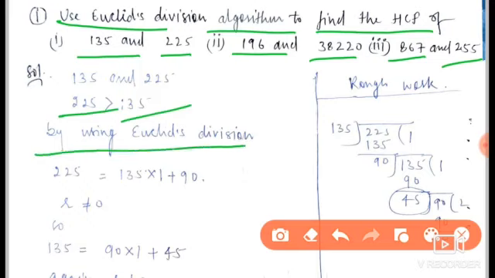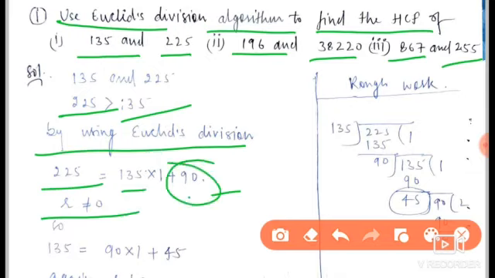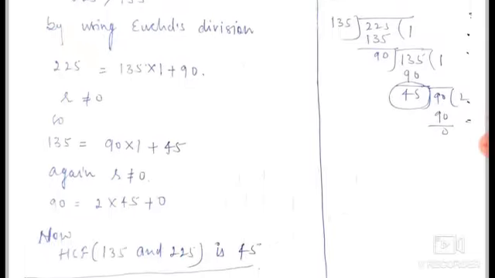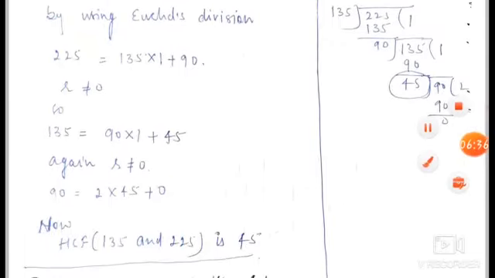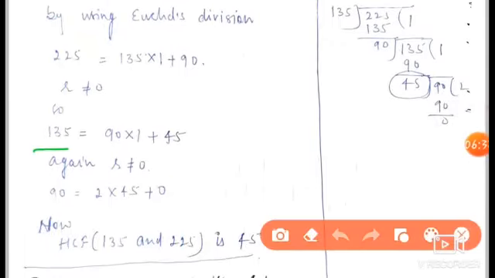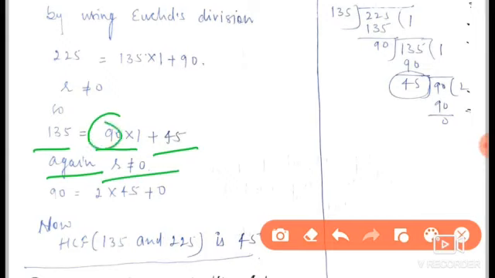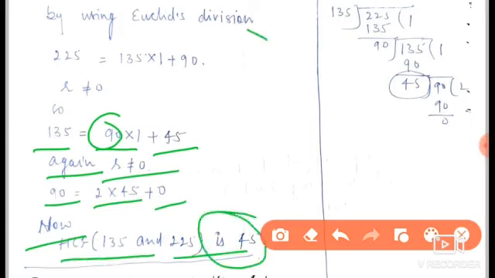We can write 225 = 135 × 1 + 90. The remainder is not equal to 0, so once again we divide. The next step: 135 = 90 × 1 + 45, again not equal to 0. Then again 90 divided by 45: 90 = 2 × 45 + 0. So now the HCF of 135 and 225 is 45.